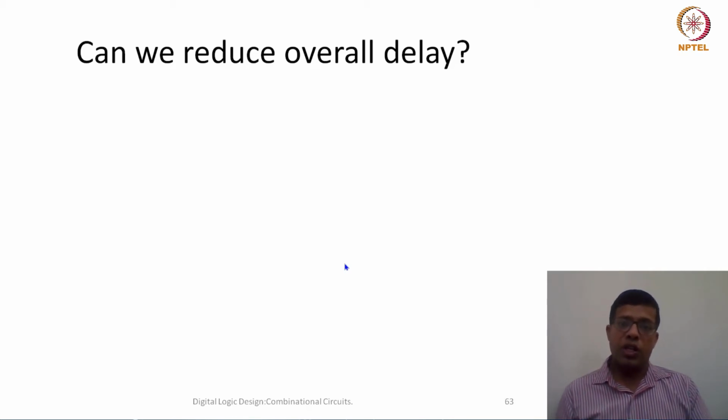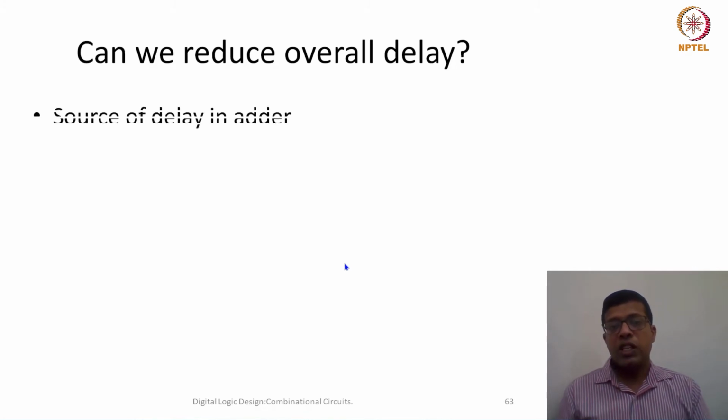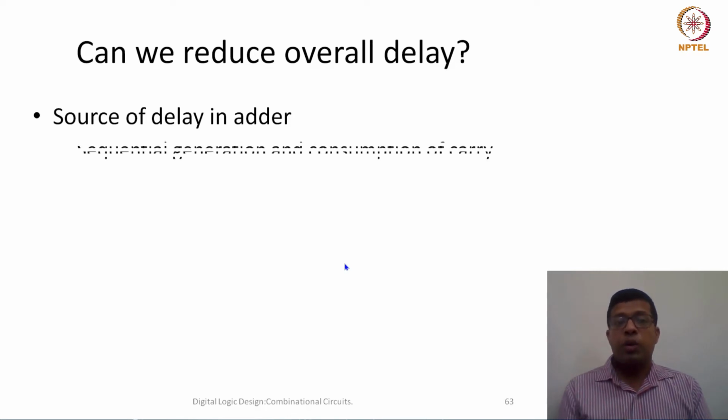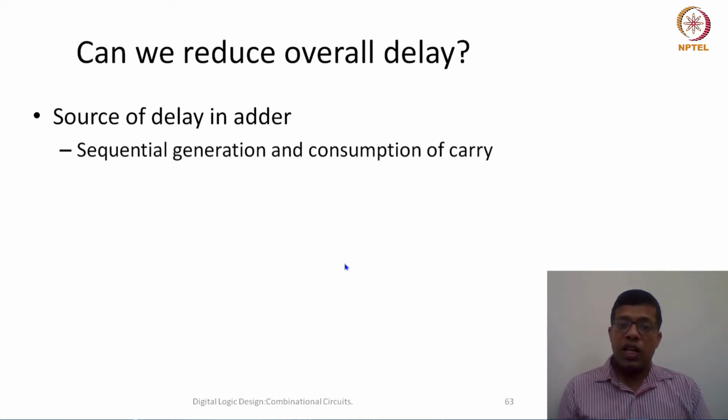How can we reduce the delay of addition? To reduce the delay, let's understand where the delay is coming from. We have seen in our previous slide that the delay is because of the carry: the sequential generation of carry and sequential consumption of carry. Both are important.